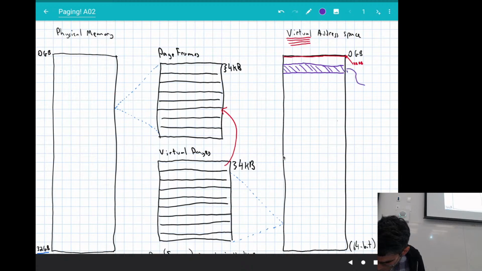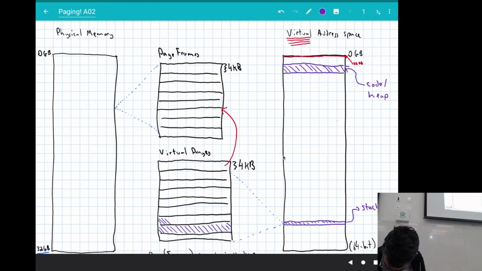I'm still going to have a code heap section, and I'm still going to have a stack way down here at the bottom, but I'm only going to allocate as many pages as I actually need to represent the stack.